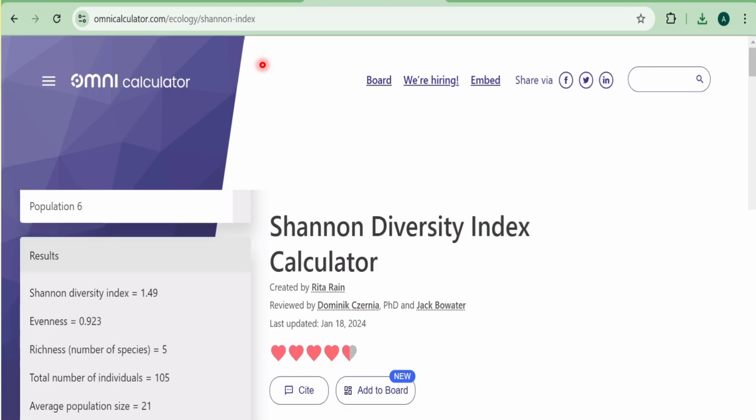So you can see that the Shannon Diversity Index, evenness, number of species, the total number of individuals, and average population size are already directly given.